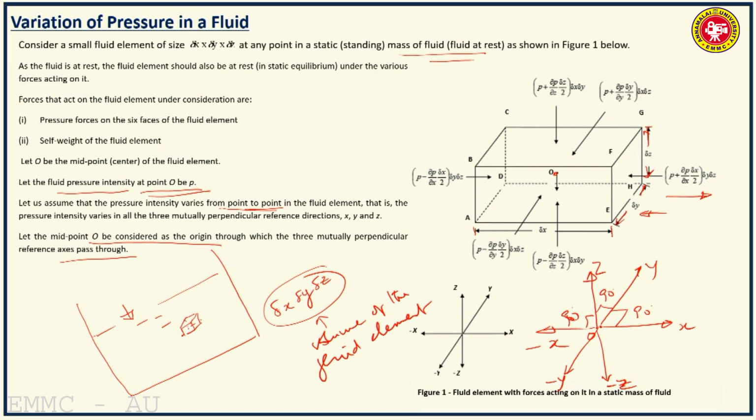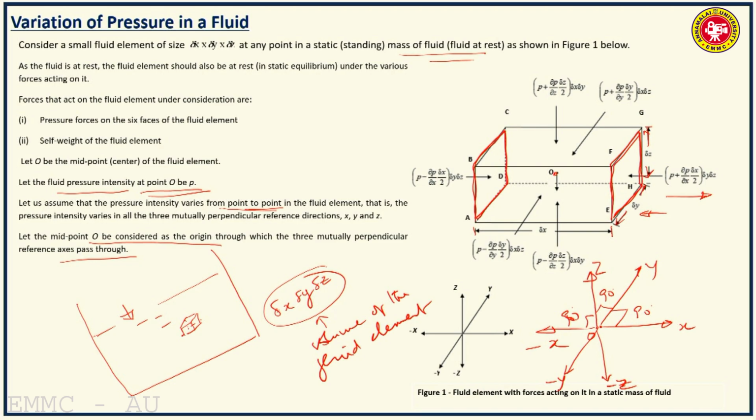So you have to consider the normal force or the perpendicular force which is acting on the left face, that is A, B, C, D, as well as the right face E, F, G, H. So A, B, C, D is normal to the x direction, the left face. The right face E, F, G, H is also perpendicular to the x direction.